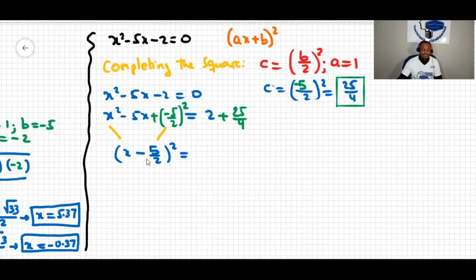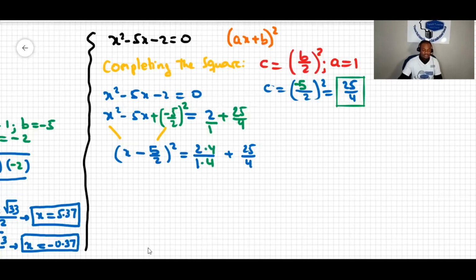Now over here, remember that 2 is like 2/1. To add this fraction, I need to have a common denominator, so we multiply by 4 and then also by 4 to make a common denominator.